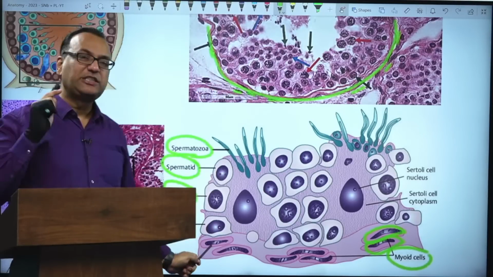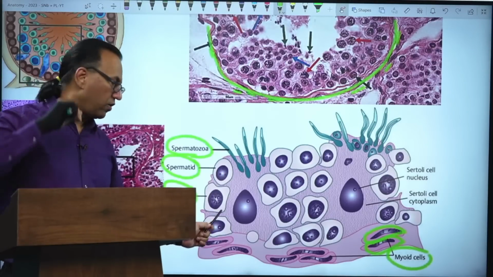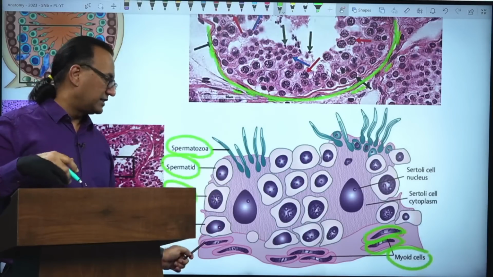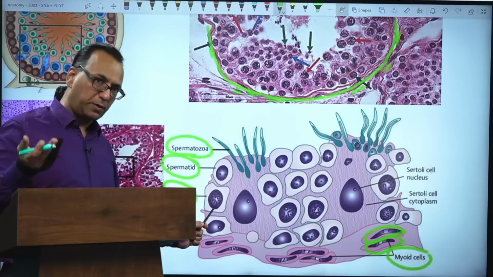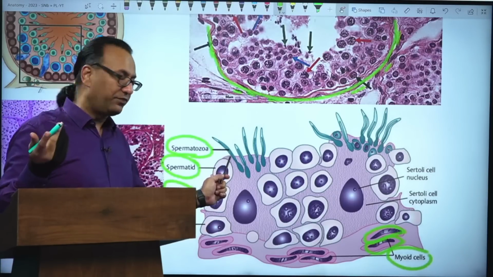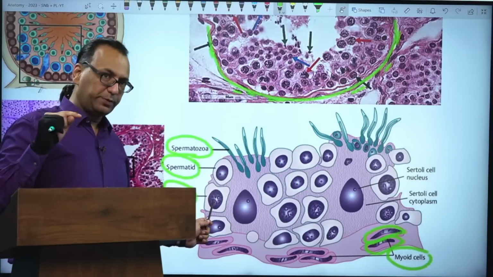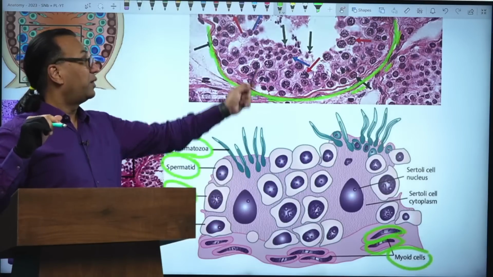In here, the largest cell will be primary spermatocyte. The largest nucleus belongs to primary spermatocyte if you are talking about the gametocytes. In gametocytes, you are basically talking about spermatogonia, primary spermatocyte, secondary spermatocyte, or spermatid or the spermatocyte itself. The largest nucleus, largest cell is primary spermatocyte, and smallest nucleus belongs to the spermatid.